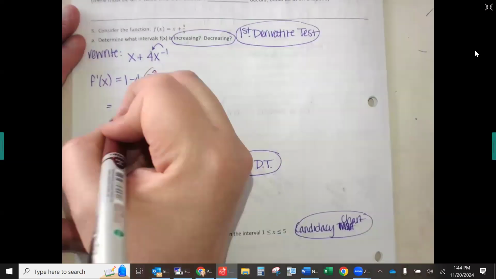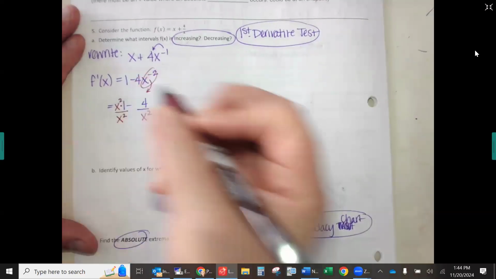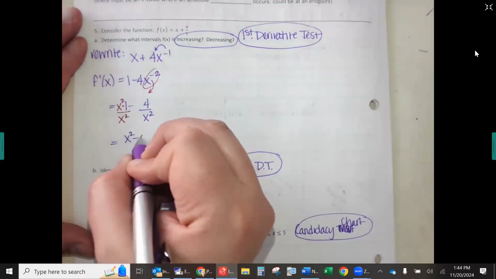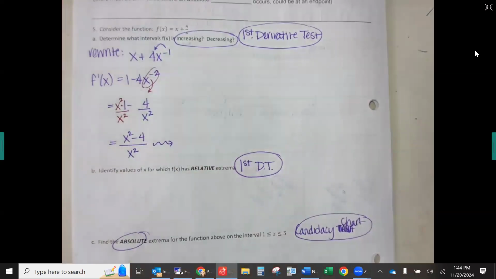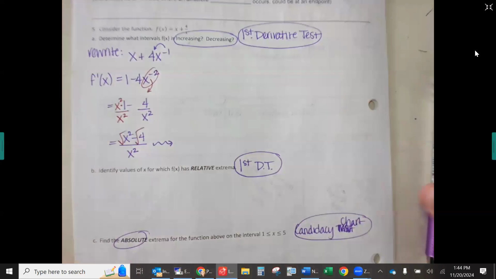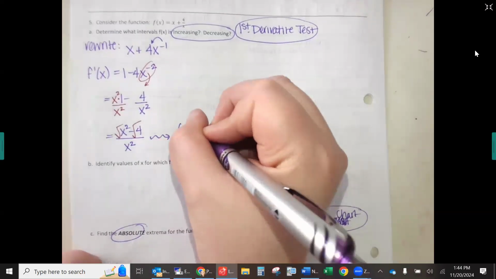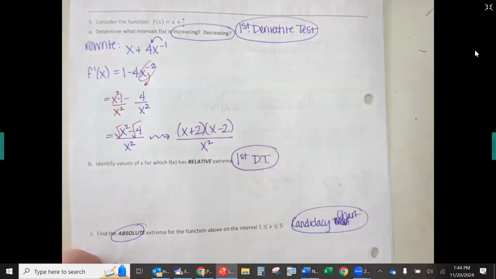Good, and if I put an x squared on bottom, I have to also put one on top. So now my equation is x squared minus 4 over x squared. What part of that is factorable that I can break down just a little bit more? Okay, the top. X squared minus 4 is going to break down into what? X plus 2 and x minus 2. Okay, bottom is already done.